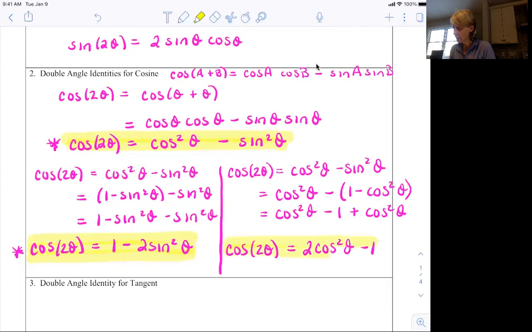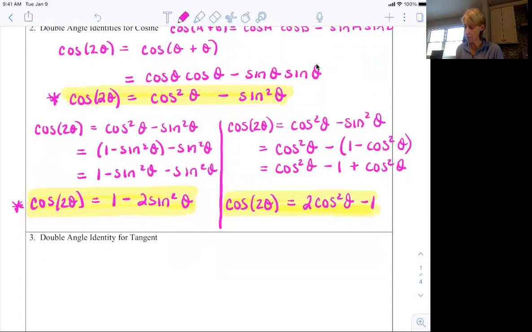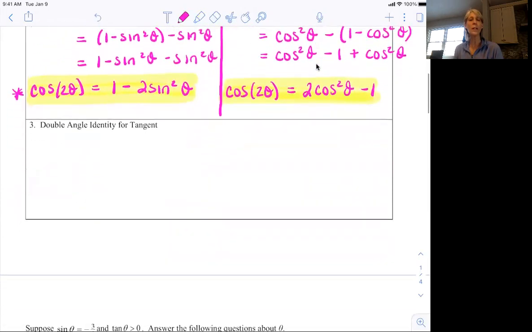So the double angle formula for the cosine has 3 versions that can be used. So we have to kind of think about things sometimes when we're going through these problems. And the last formula that we're going to derive today is the double angle identity for the tangent function.